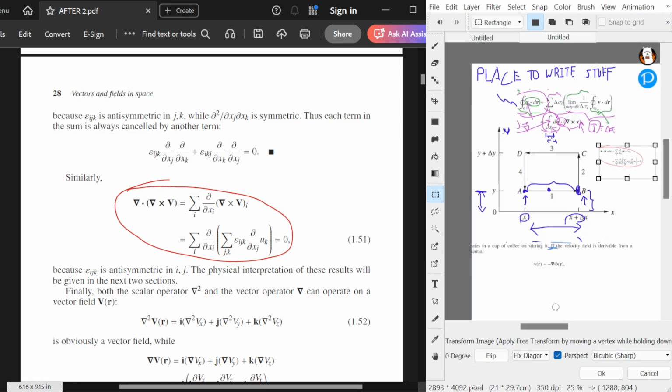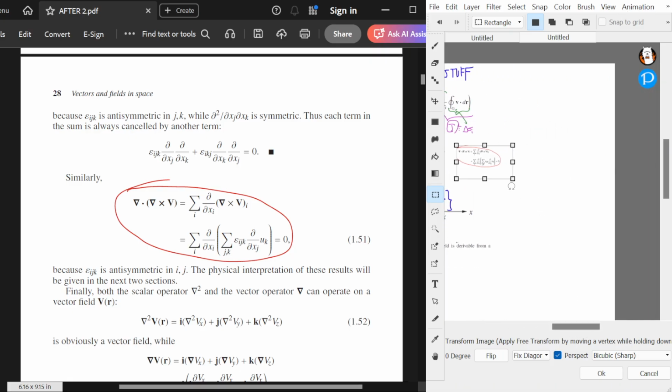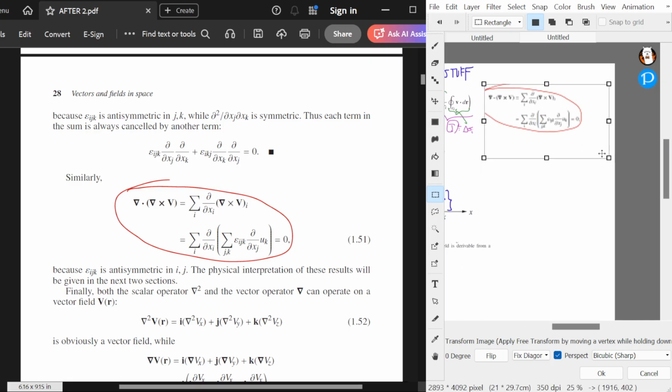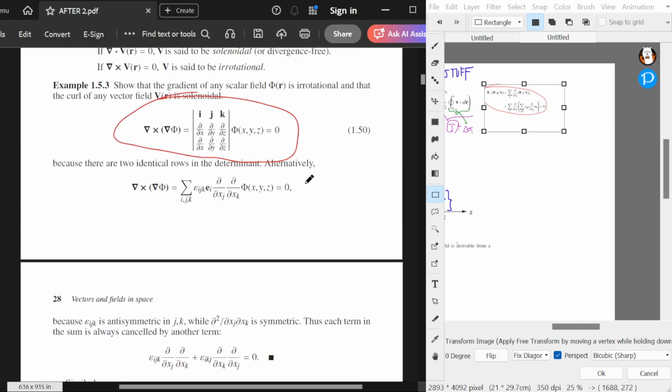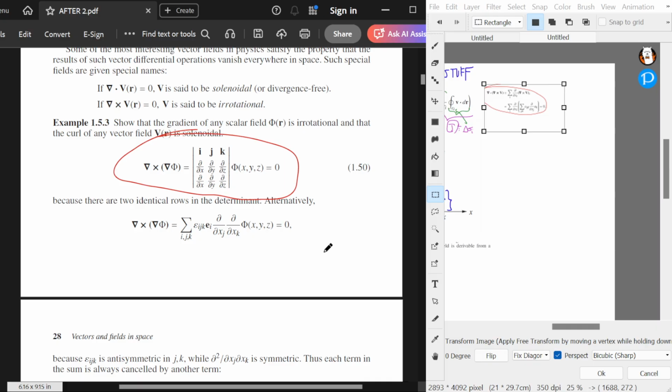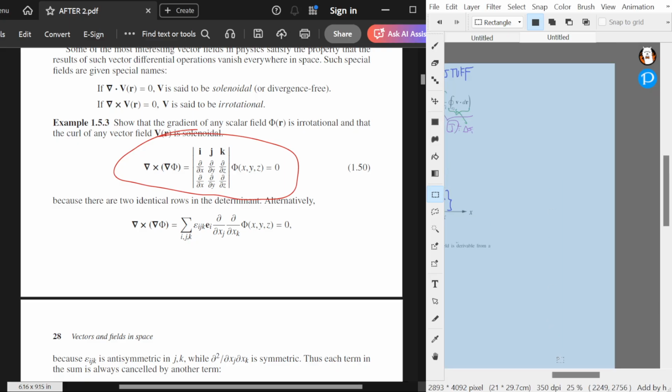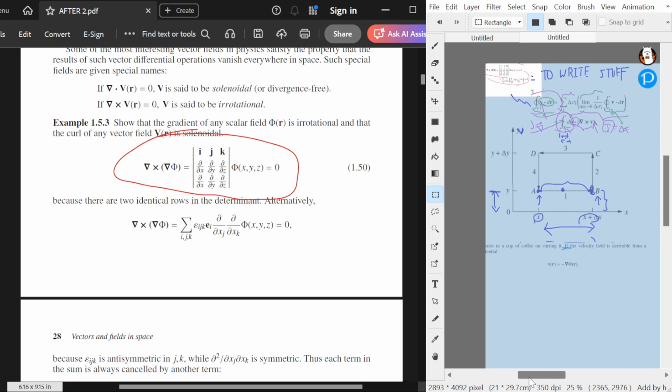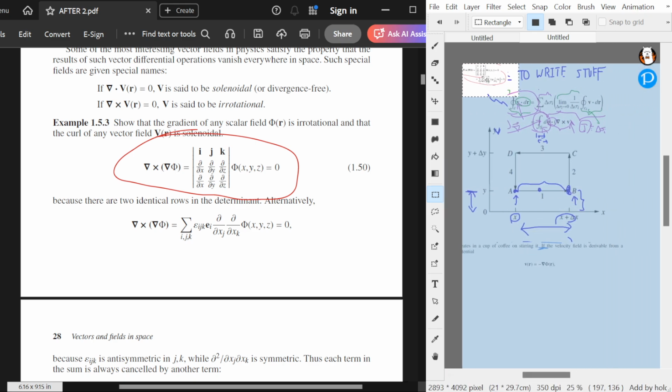Transform, get over here, get big, maybe not that big, maybe I just need to zoom in. Let me get my next friend, 1.5. Wait, I didn't deselect. Oh my God.